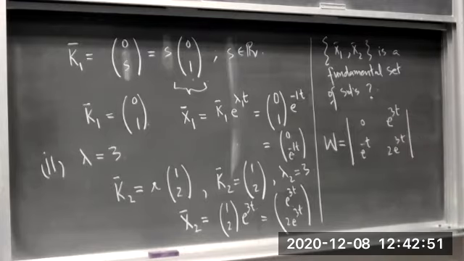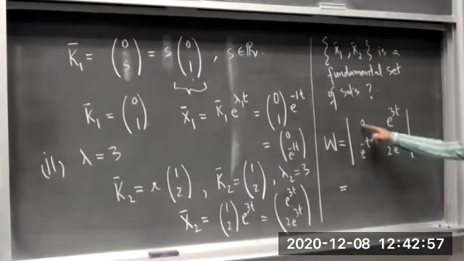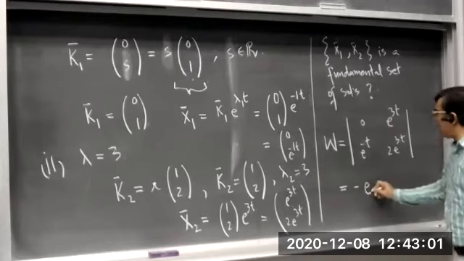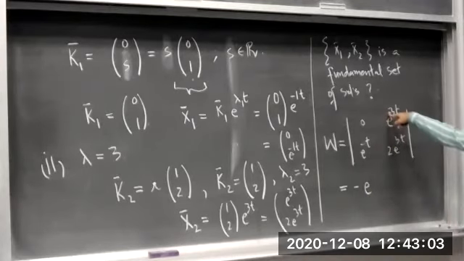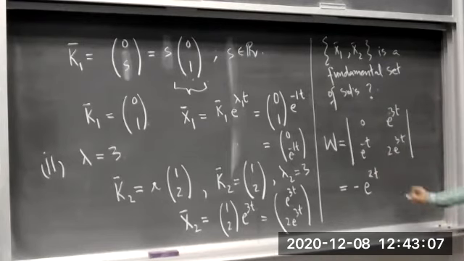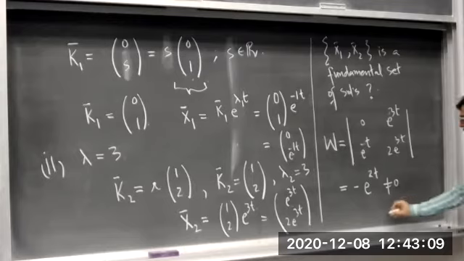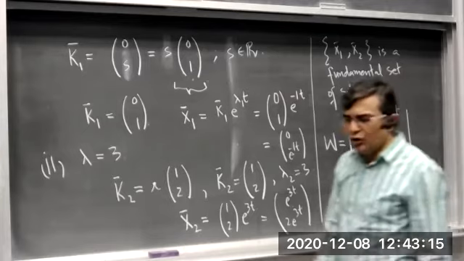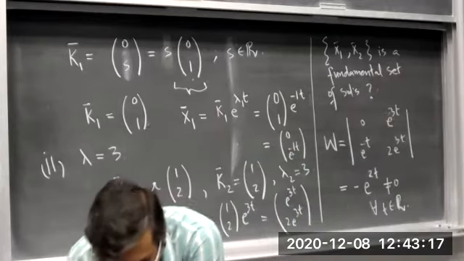Now we need to find this determinant, and it is 0 minus this into this. It is negative e raised to the power minus t times e raised to the power 3t, which becomes e raised to the power 2t. Now, the exponential function is never zero for all values of t belonging to R. So the Wronskian is non-zero for any value of t belonging to R.